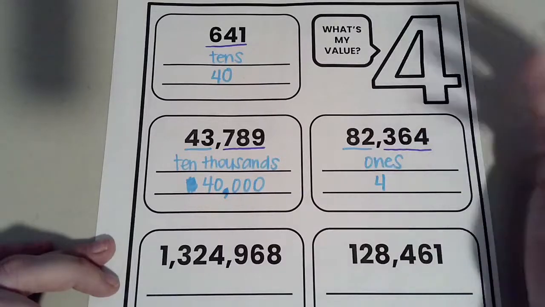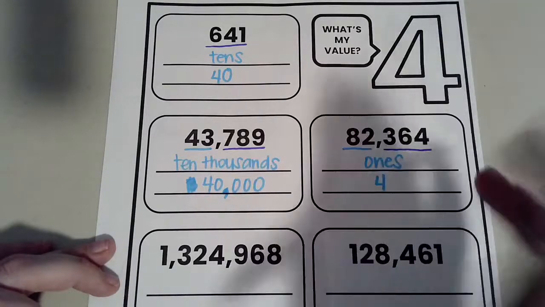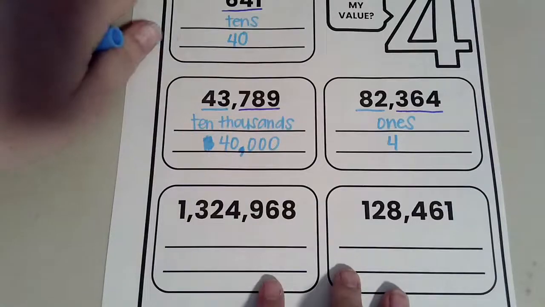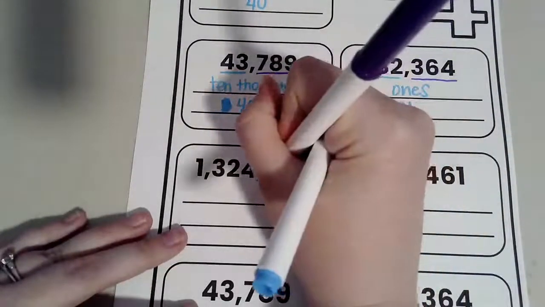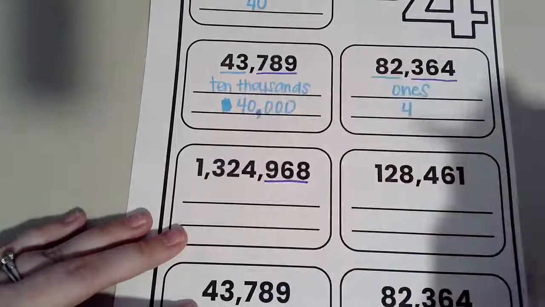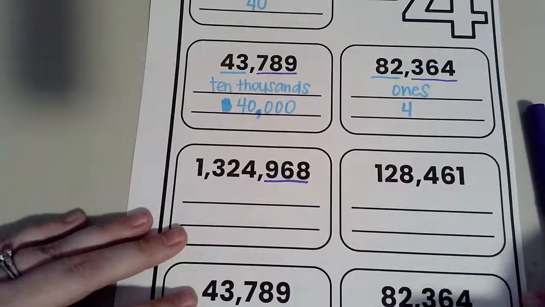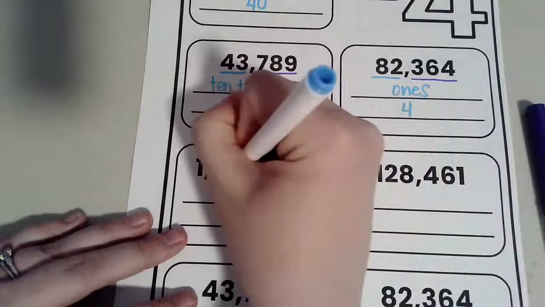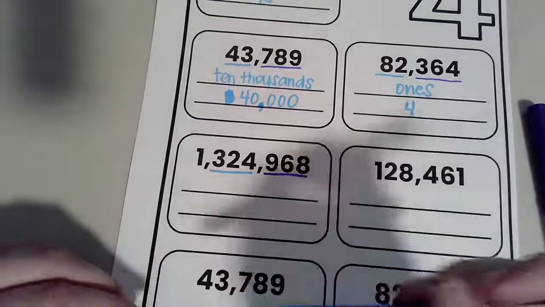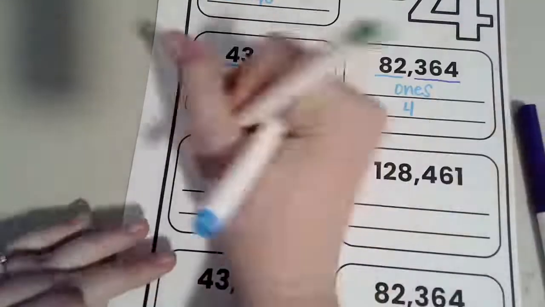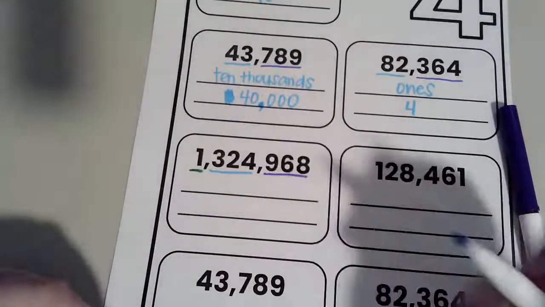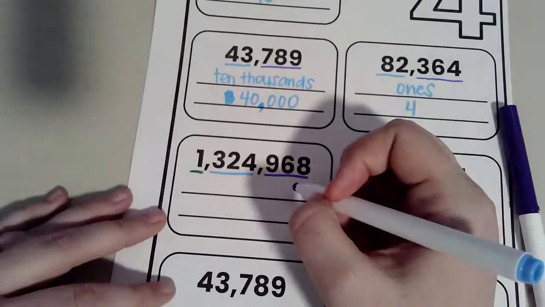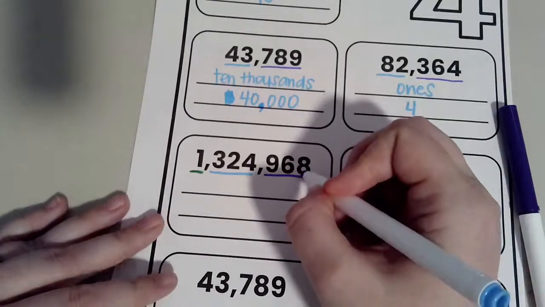Ooh, it's a big number. So let's go ahead. Here's our ones period. Here is our thousands period. Here is the millions period. Okay, so we're gonna look at it. We have to find the 4. I almost did the 8, but it's not 8 anymore. We're following the little directions here. So we're gonna count back. Ones, tens, hundreds.